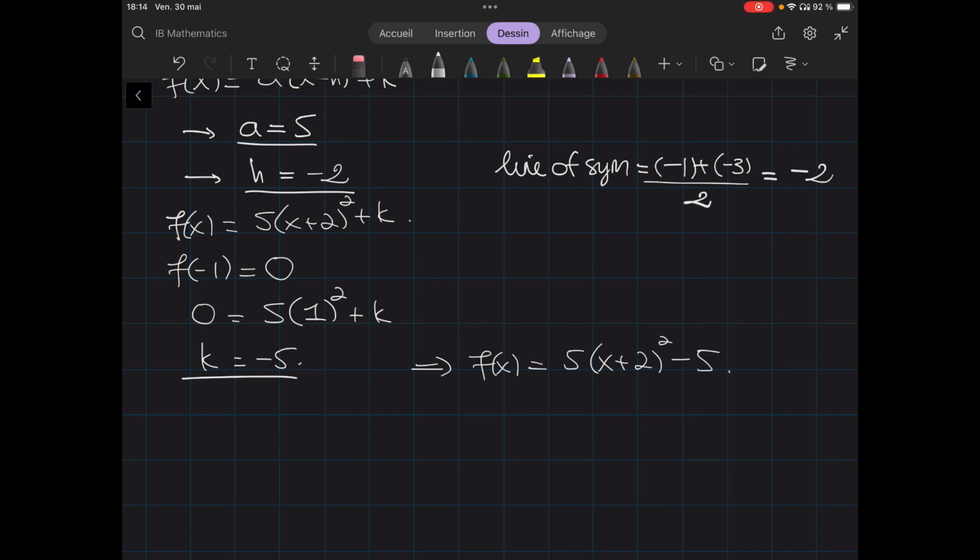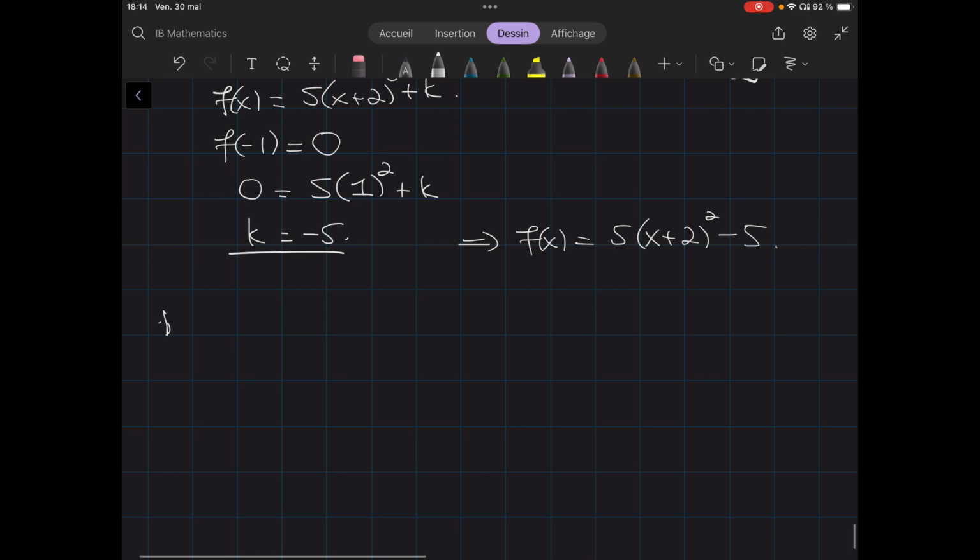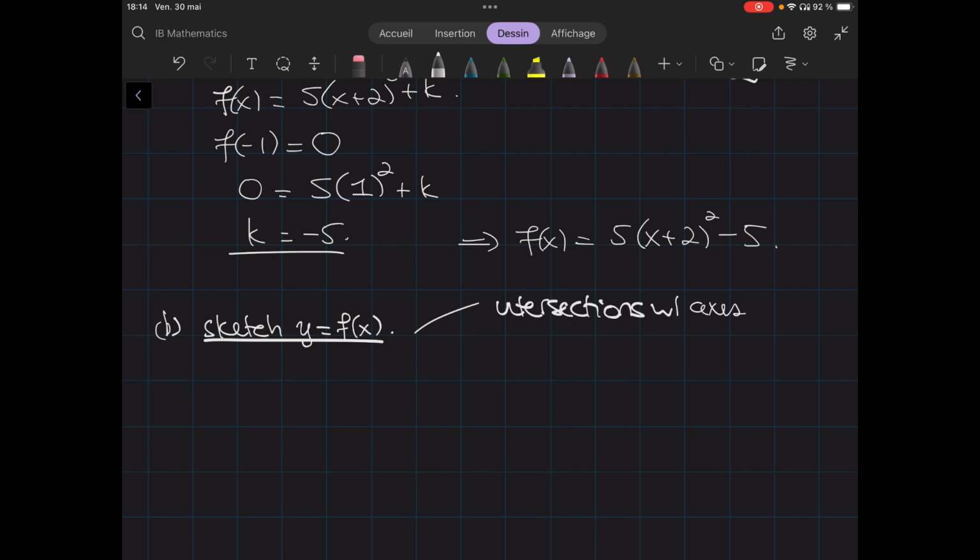Part A is done. In part B, you are asked to sketch the graph of y equals f of x. On the sketch, you must indicate the intercepts as well as the coordinates of the vertex.